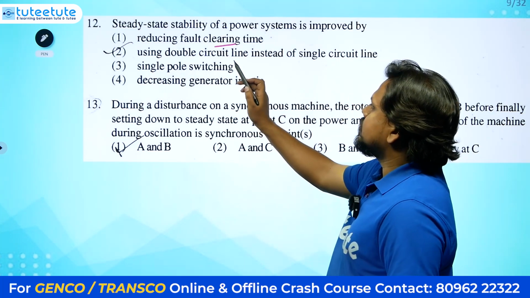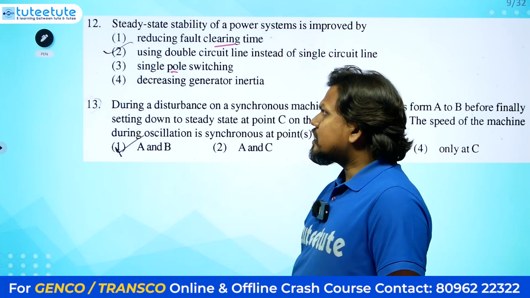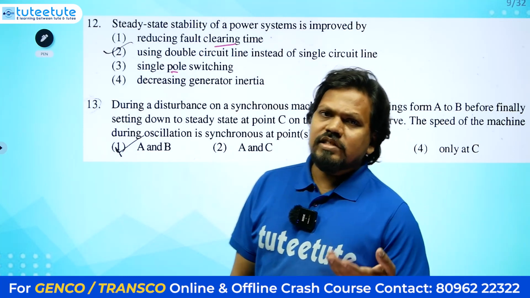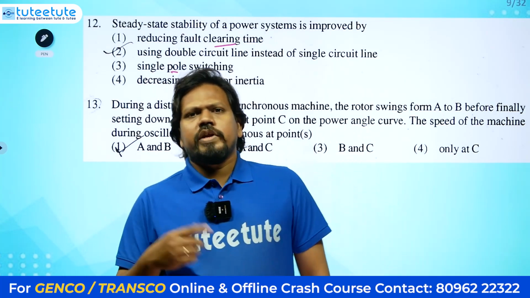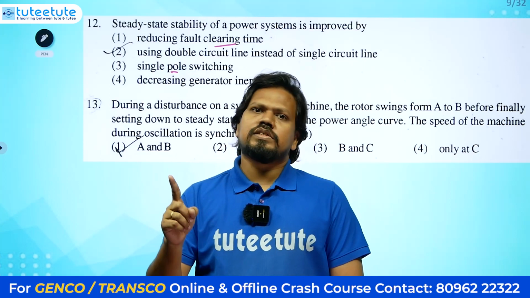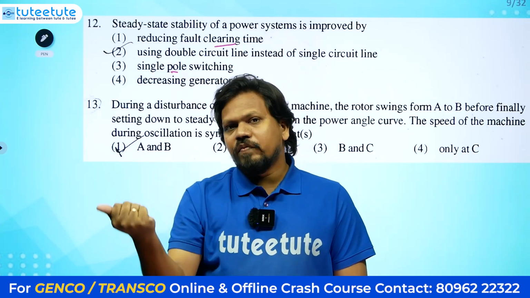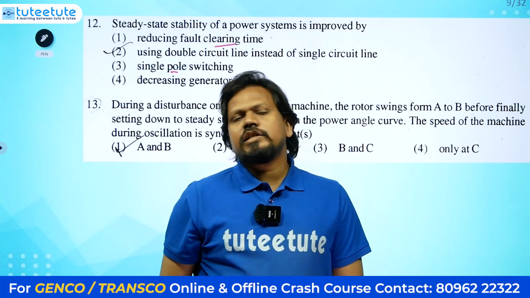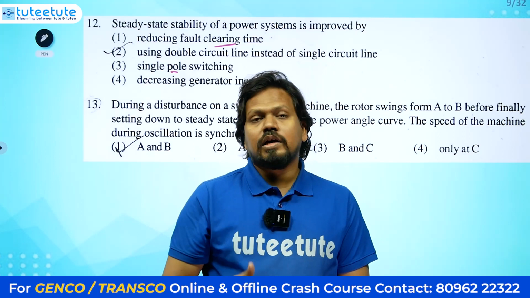Okay, so next, let's see this one. Single pole switching. What is this single pole switching? For example, if a three-phase line is there, whenever fault occurs in one phase, if the three-phase circuit breaker opens, all the three poles, all the lines will be opening. Okay, so that's also whenever fault occurs at that time.